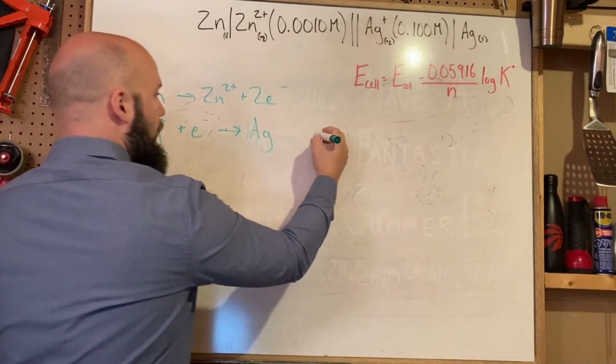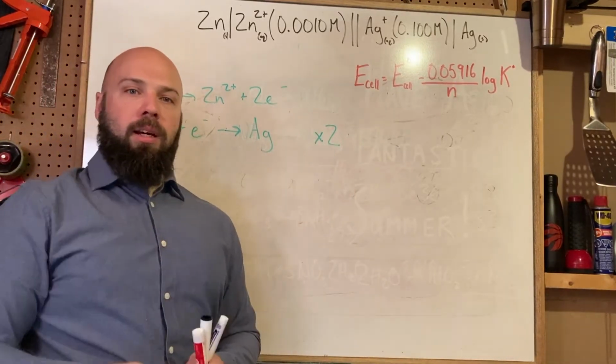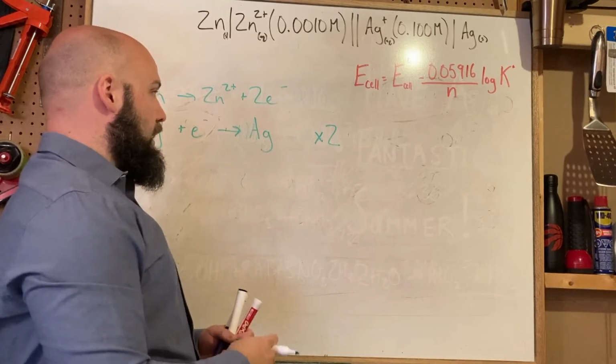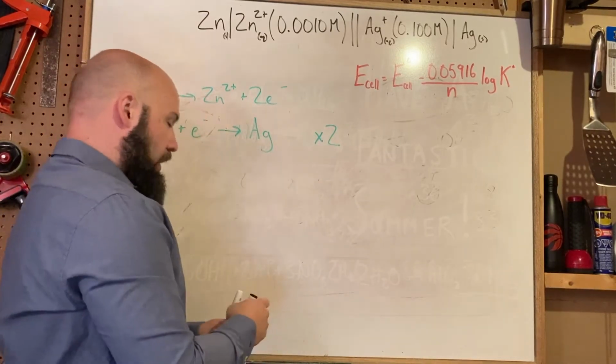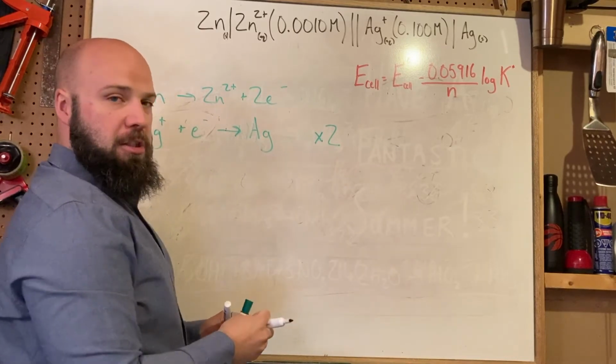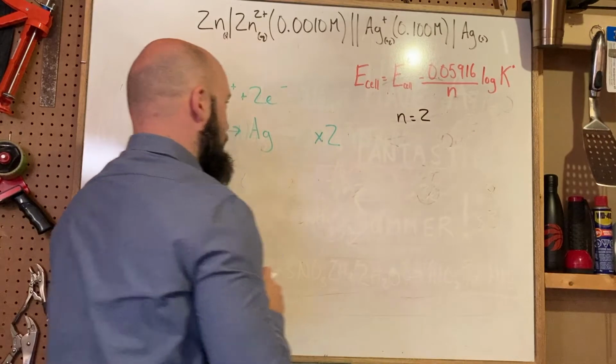This will have to happen 2 times to have the chemical equation balanced. So right away we know that our n value is 2.